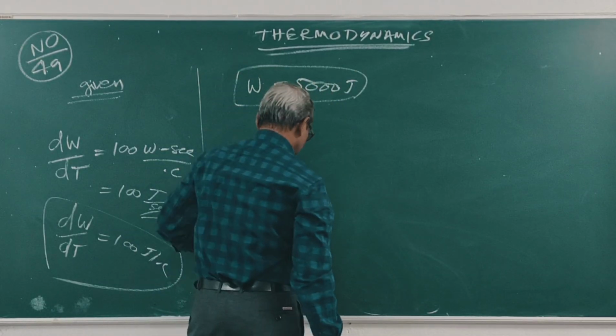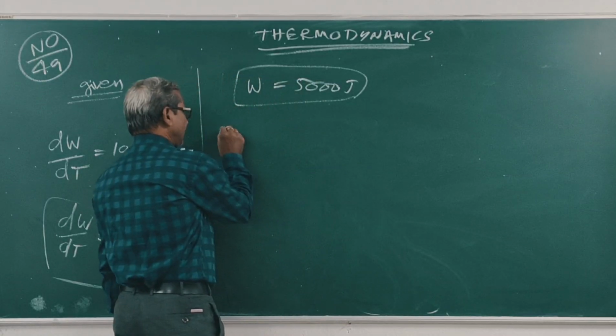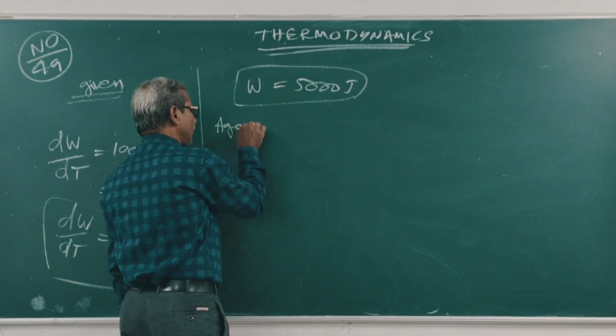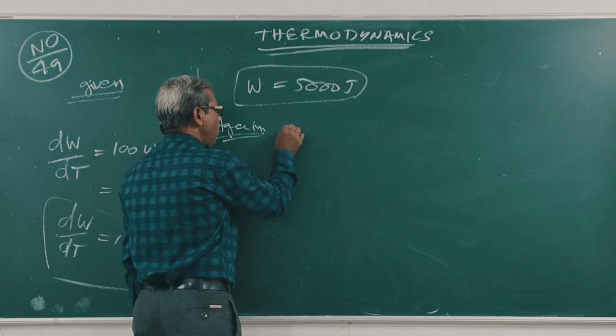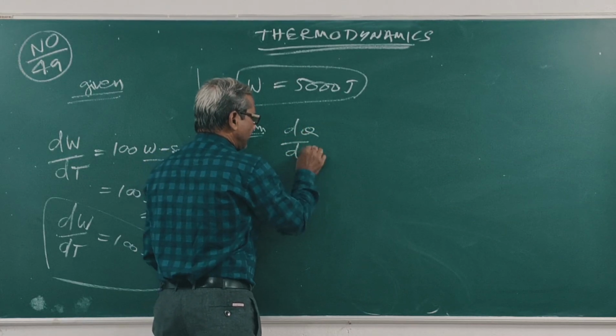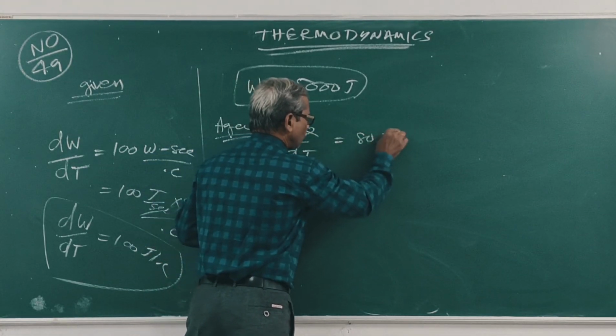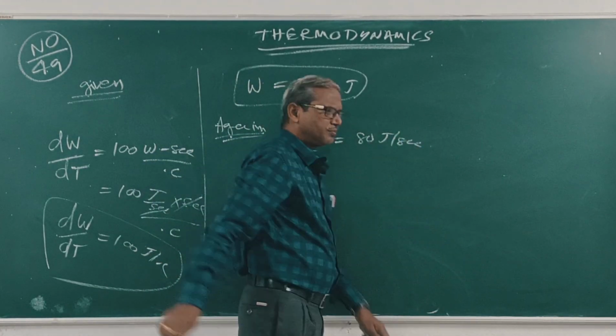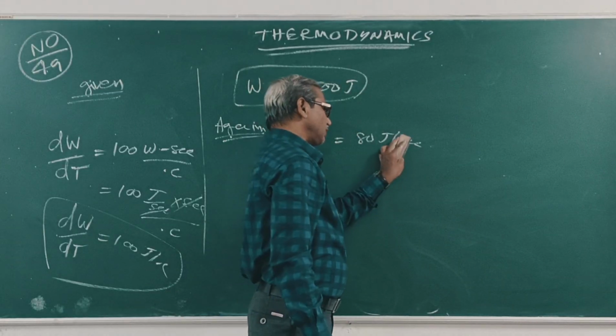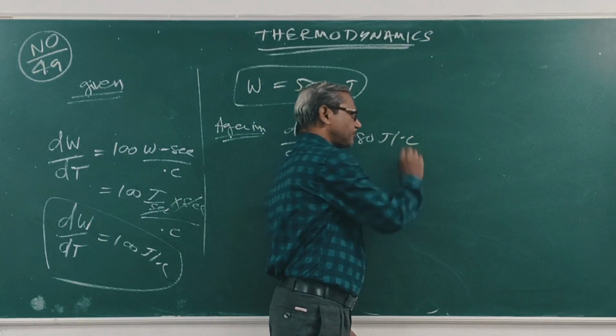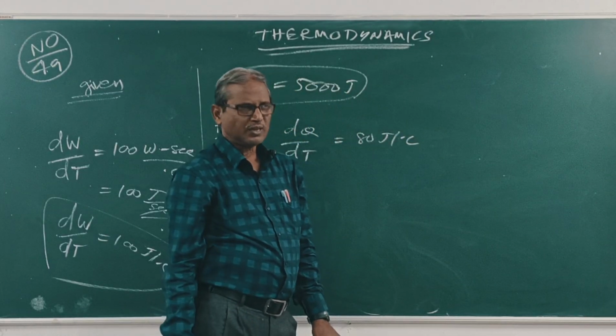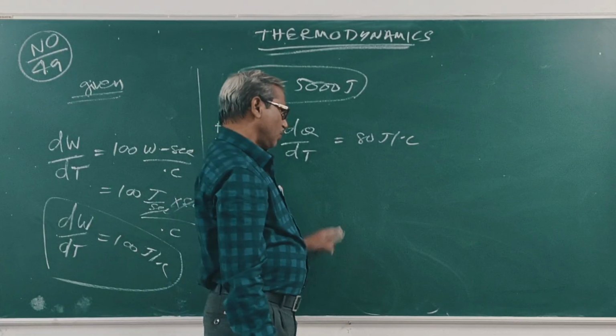Now, again, dQ by dT is equal to 80 joule per centigrade, not per second. Clear? So what is dQ?